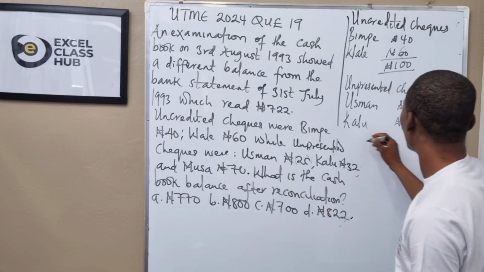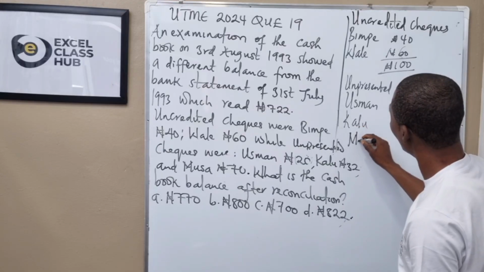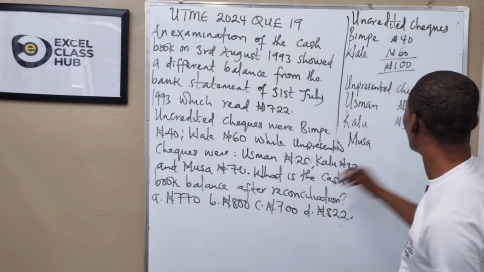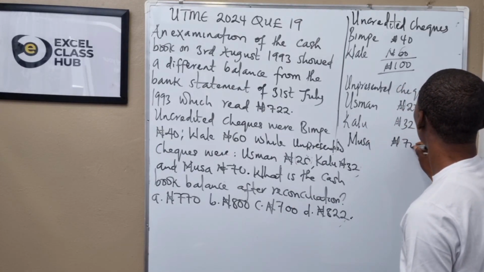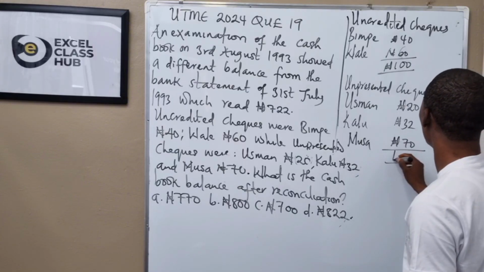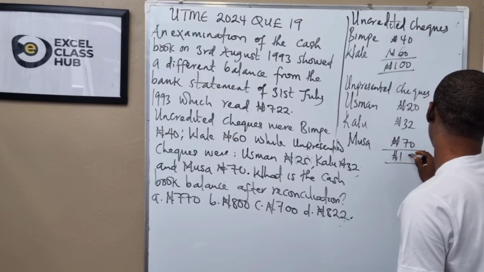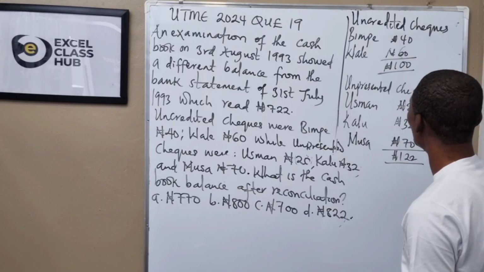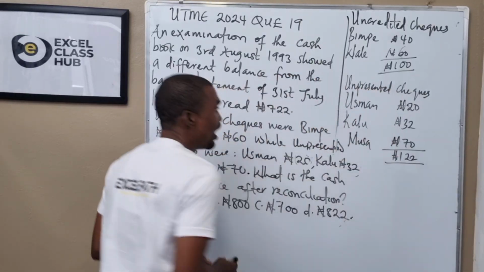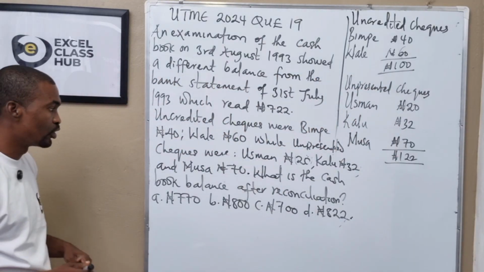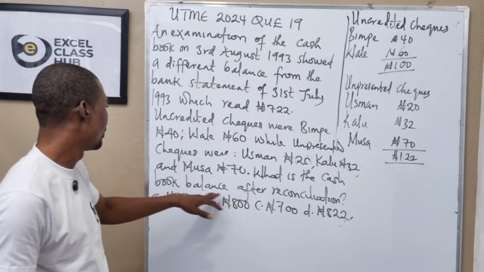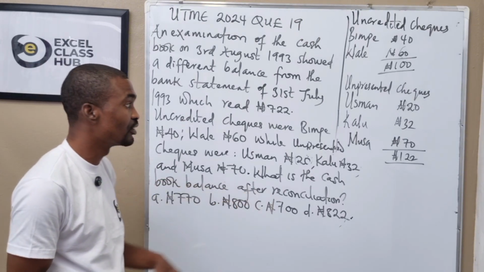And we have Musa to be 70 naira. So when we add these three together, we have 122 naira. So now we can calculate the cash book balance after reconciliation.